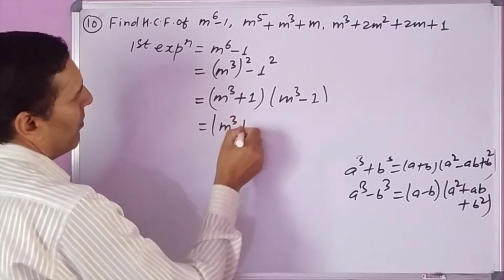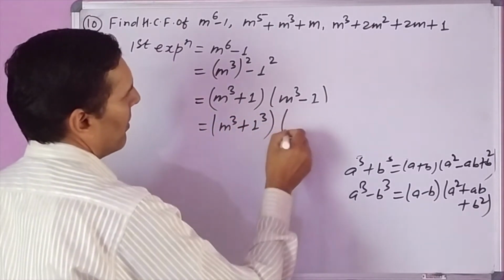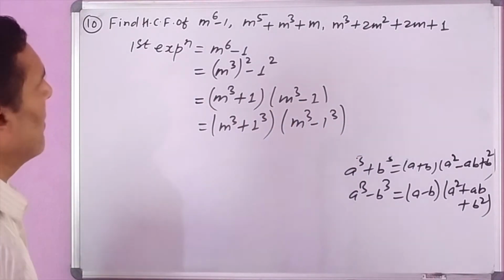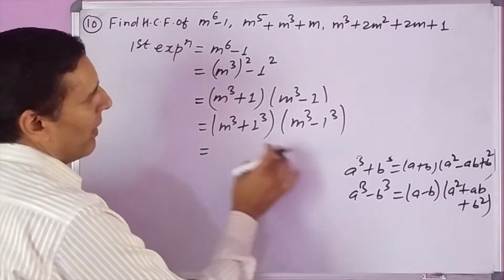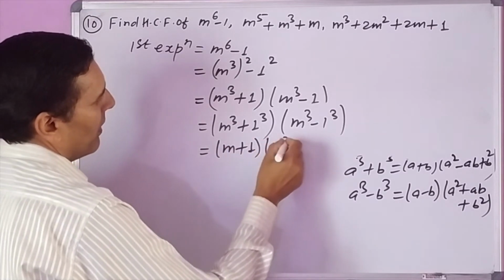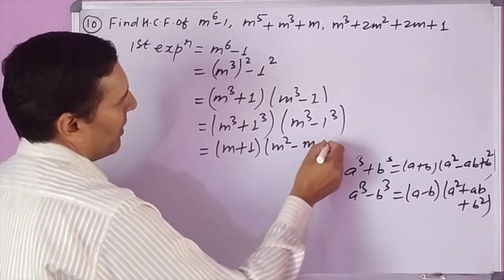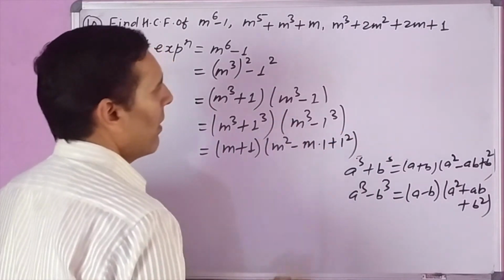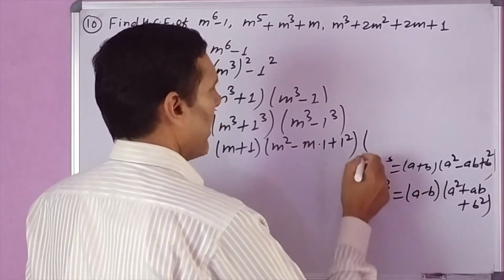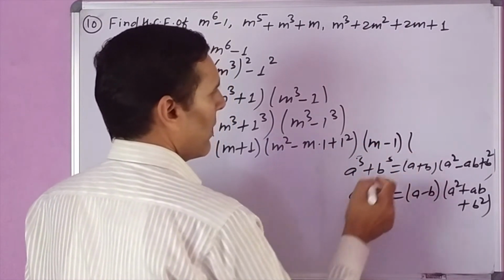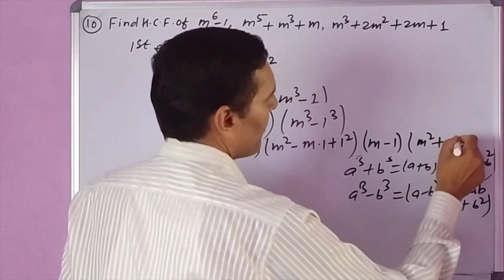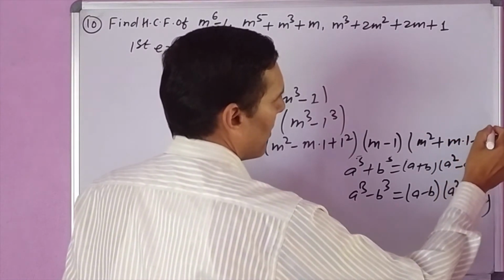So it is m cube plus 1 cube, m cube minus 1 cube at a time. Now first one, a plus b, a square minus ab plus b square. Now the second, m cube minus 1 cube, a cube minus b cube, a minus b, m minus 1, a square, m square plus ab, m into 1, plus b square is 1 square.